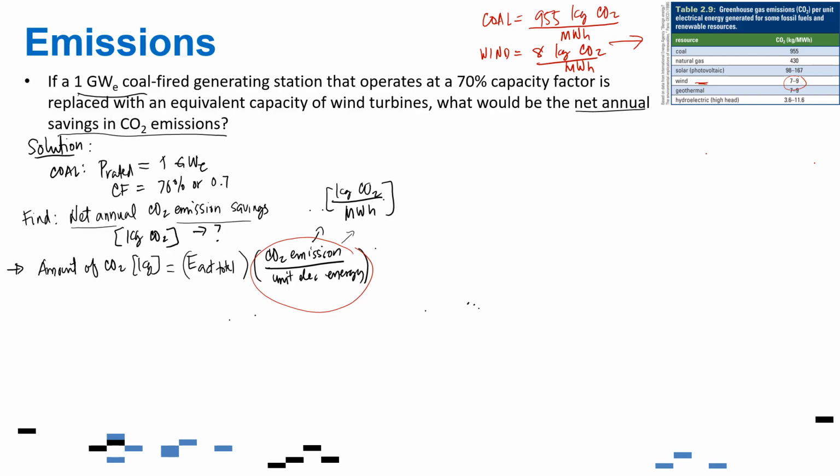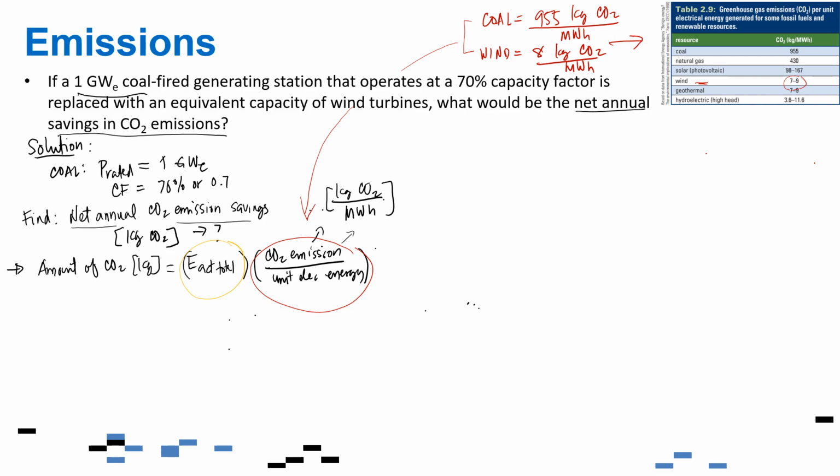So now we have the values of these terms. Now the question is, how do we get this term, the total actual energy produced for coal and also for wind? So we need to get that value.